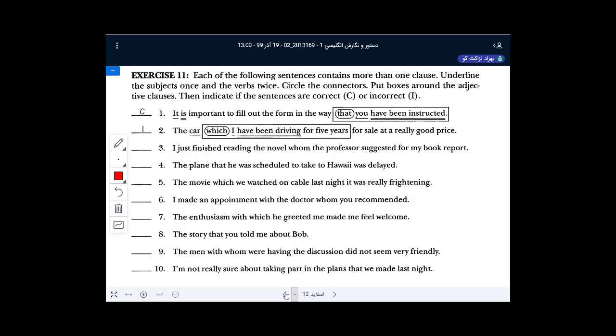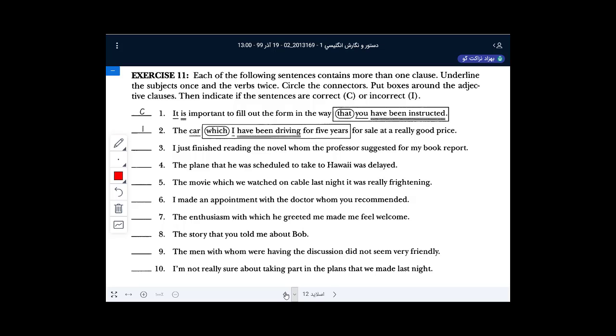So after the connector, we expect to see the subject, but whom is the objective form, so we cannot see any subject. That is why this is wrong, missing subject. We can correct it by adding we before the verb: the men with whom we were having the discussion.